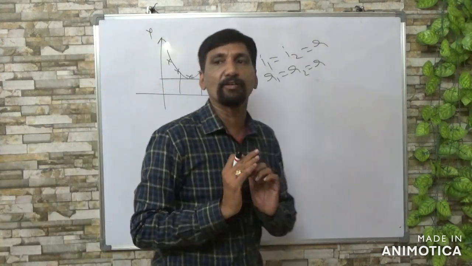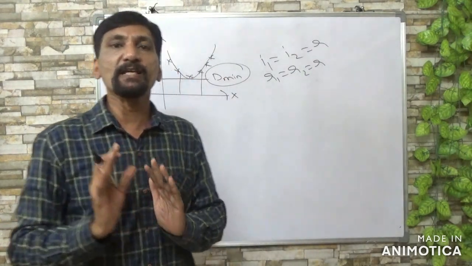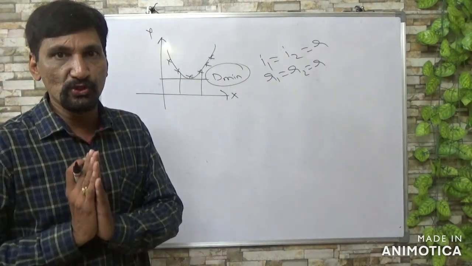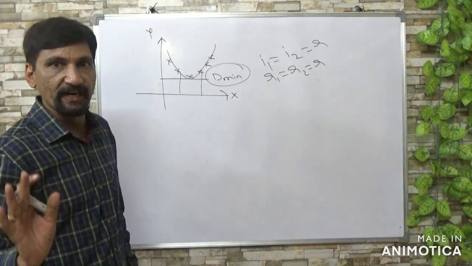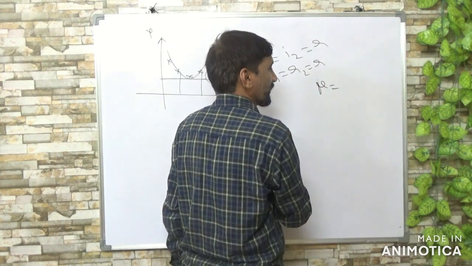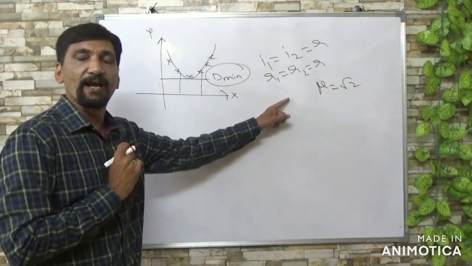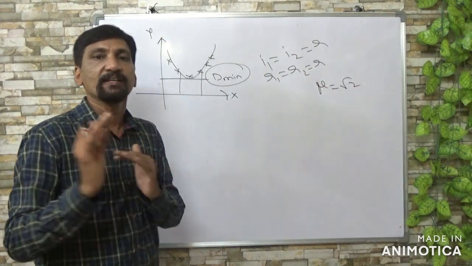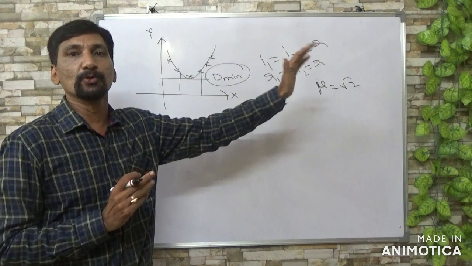Let us suppose you have given a question. Prism placed in the minimum deviated position. Okay, prism is in the minimum deviated position, and its refractive index you have given, say, √2. Okay, so refractive index of the prism you have given, and they are saying it is in minimum deviated position.